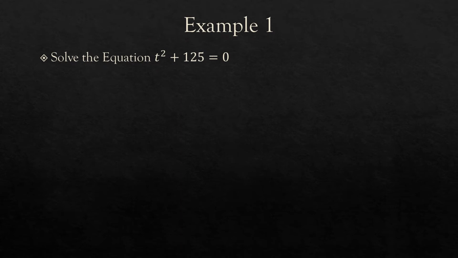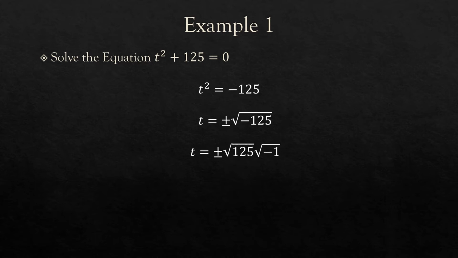So here is our first example. We want to solve the equation t squared plus 125 is equal to 0. So the first thing we do is move the 125 to the right-hand side of the equation to give us t squared is equal to negative 125. Recall that we can take the square root of any negative number now.